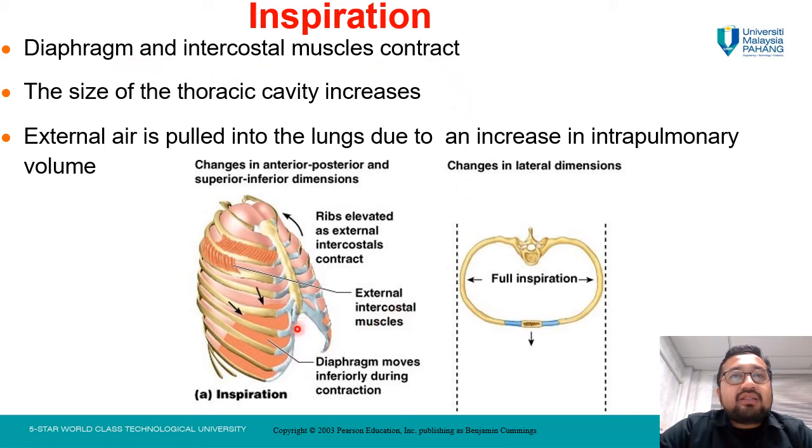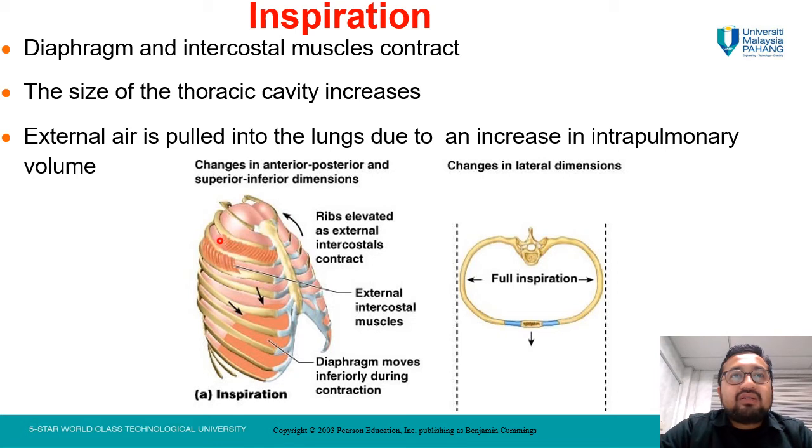Okay, this is the diaphragm, the lower part below the lung. When it contracts, and also with the intercostal muscle. Inter means between, costal means the rib cage, so intercostal muscle.